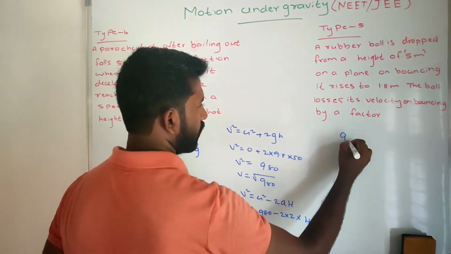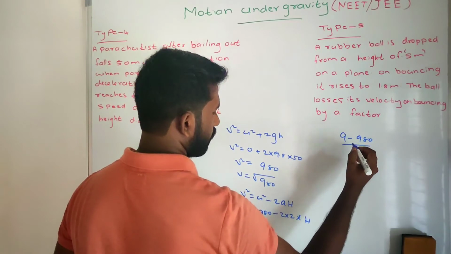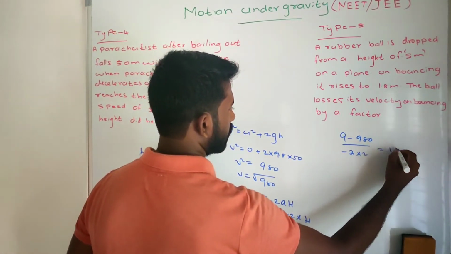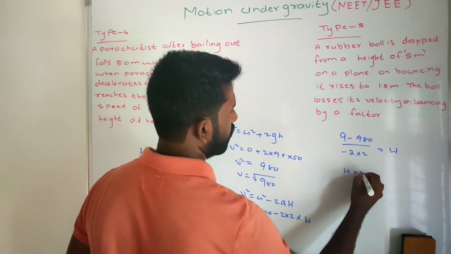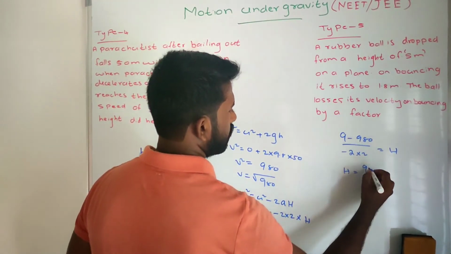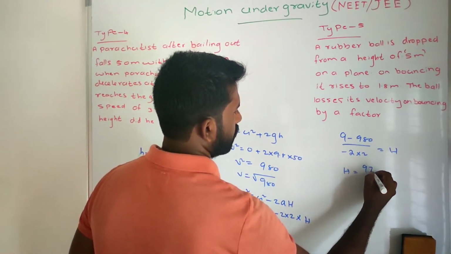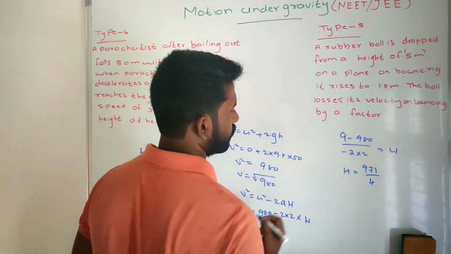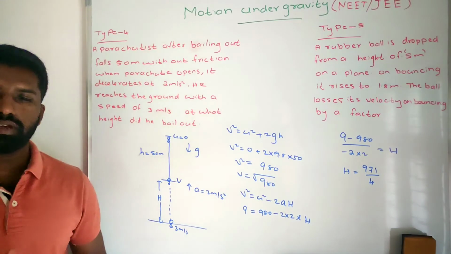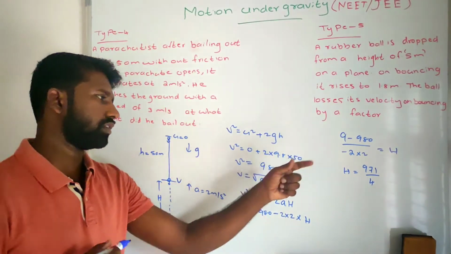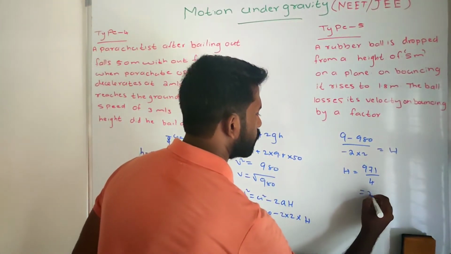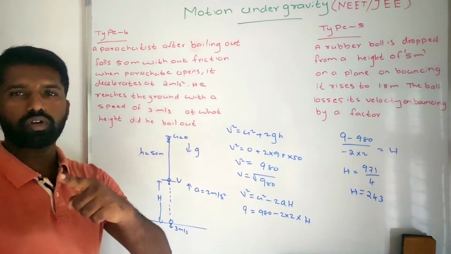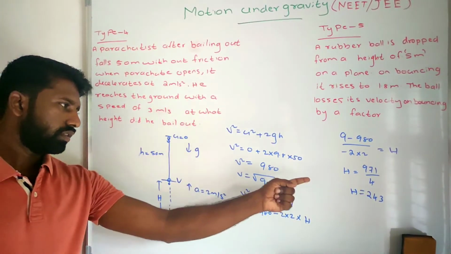What will you get? 9 minus 980 divided by minus 2 into 2 is equal to capital H. So H is 971 divided by 4, that is 243. Capital H is equal to 243. This is the H value.